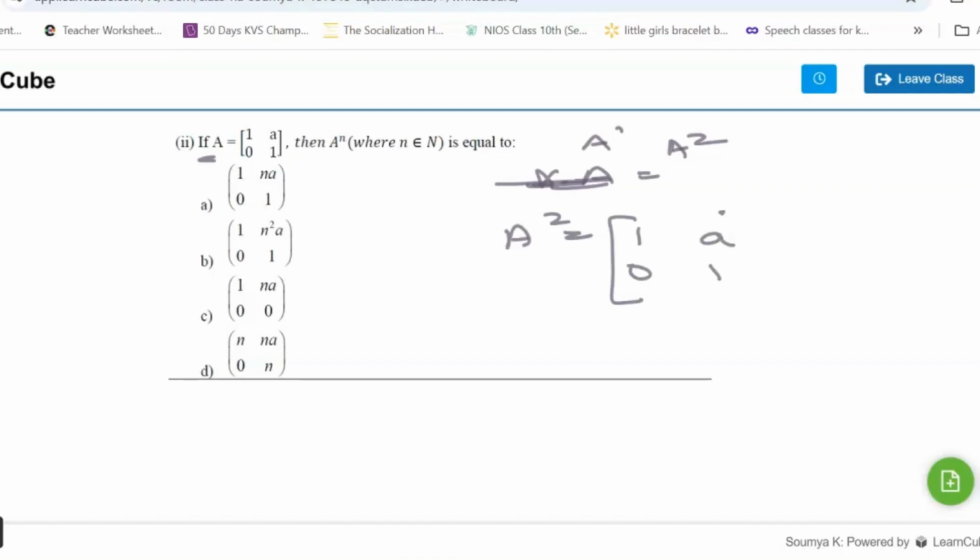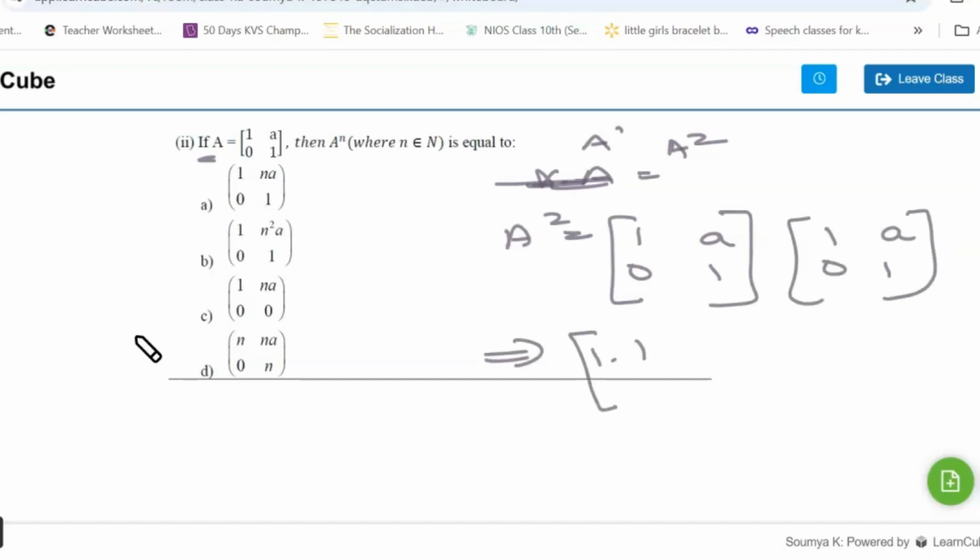1, A, 1, A. Okay. Which will give you the answer as 1 into 1, A into 0. Next is 1 into A plus A into 1. 0 into 1 plus 1 into 0.